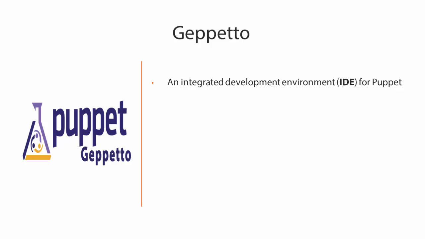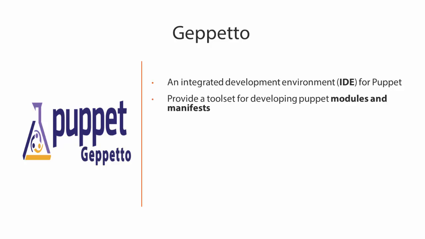Geppetto is an integrated development environment, normally called an IDE, for Puppet, similar to Eclipse for Java. It provides a toolset for developing Puppet modules and manifests. If you want to write modules and manifests by yourself for Puppet, then you can use this program.